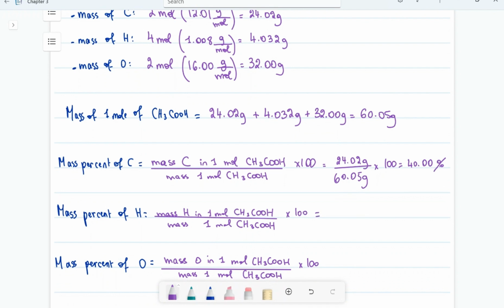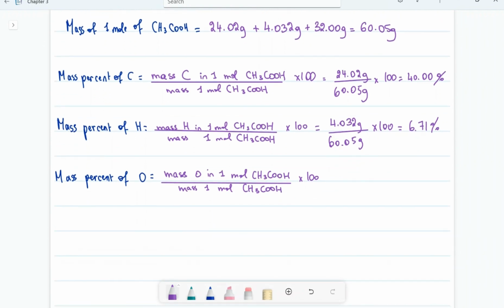We take the mass of H in 1 mole of CH3COOH, which is 4.032 grams. We divide it by the mass of 1 mole of CH3COOH, which is 60.05 grams. We multiply by 100. This gives us 6.71%. Now for O, again, same process.